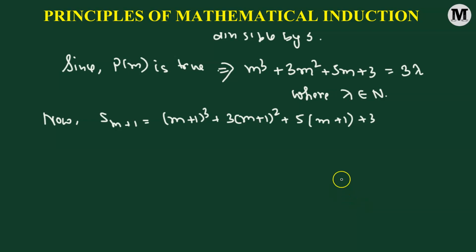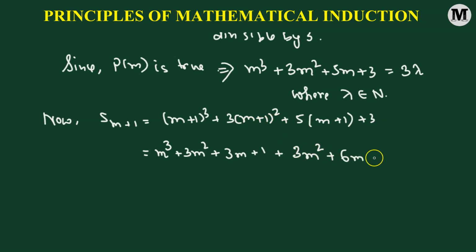We're going to expand it. This is equal to m cube plus 3 times m squared plus 3 times m plus 1, added to 3 times m squared plus 6m plus 3, added to 5m plus 5 plus 3.